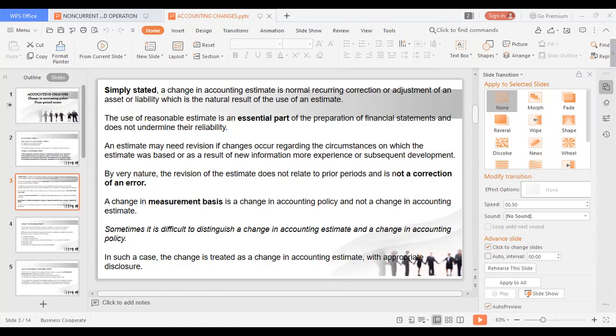Now in problem 8.5, Dawn Company purchased a machine on January 1, 2017 for 3 million. At the date of acquisition, the machine had a life of 6 years with no residual value. The machine is being depreciated on a straight line basis.